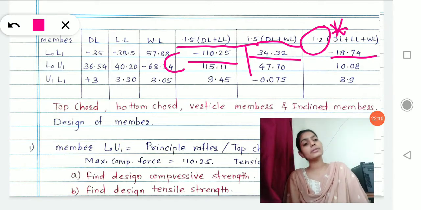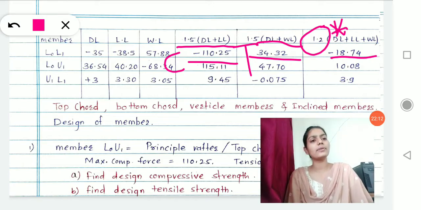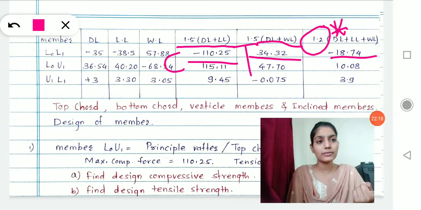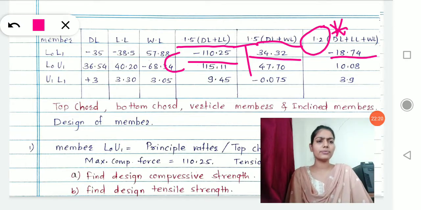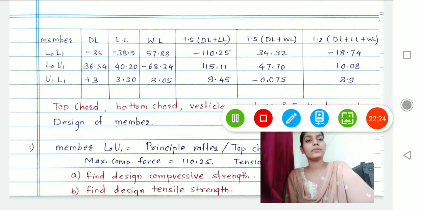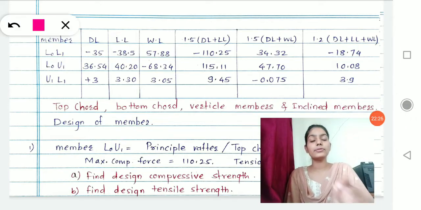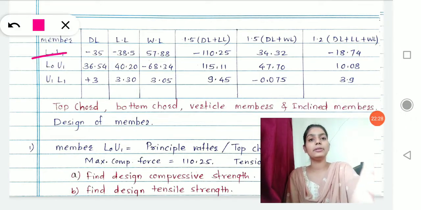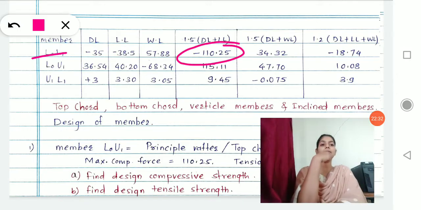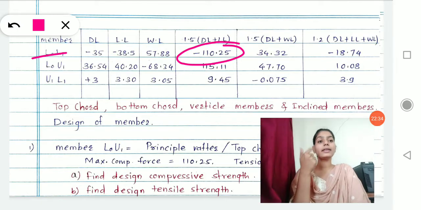Now the question comes: for which value am I designing my structure? Am I designing for dead load plus live load, or dead load plus wind load, or the last one? Which one will I select? So see here, you are supposed to design the member for highest loading.